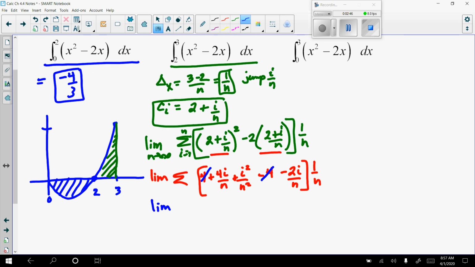Becomes the limit of the sum of, putting things in order, I'm going to put i squared over n squared first. Oh, and I'm going to distribute this and combine like terms. So this would be over n cubed. And 4i minus 2i is 2i. So that becomes plus 2i over n squared.